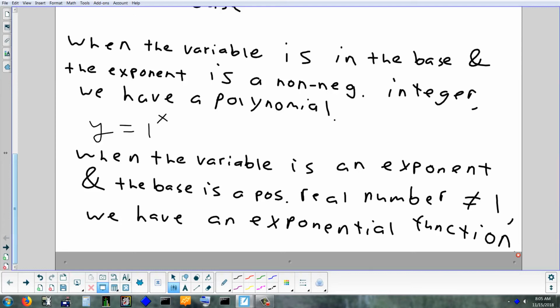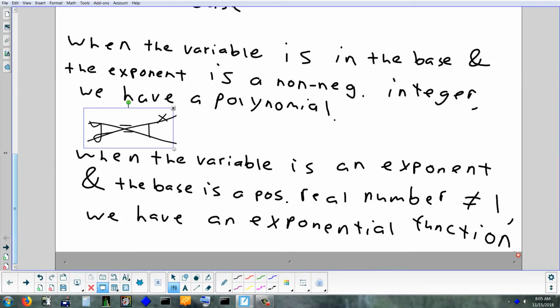Even if you do 1 to the 100th power, it's just 1 times 1 100 times. It's still 1. Exponential functions curve very sharply. They can either curve up, that's called exponential growth, or they can curve down, that's exponential decay. But if you take 1 to a huge power or 1 to a small number, it's always 1. So that's not exponential. That's called a constant function. It just stays the same.